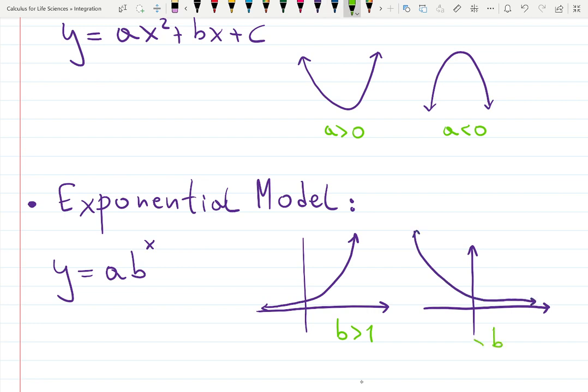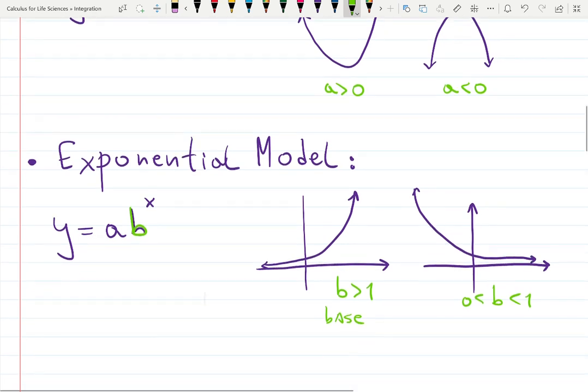So that is when b is from 0 to 1. When b is 1, it's just 1 times 1 times 1, it's a line. That's the base. The base b, that's what I call b. The base b here is important. So a was important for the quadratic, b is important for the exponential growth or decay. Don't you draw what happens below 0? We just know it. Exponential growth or decay.